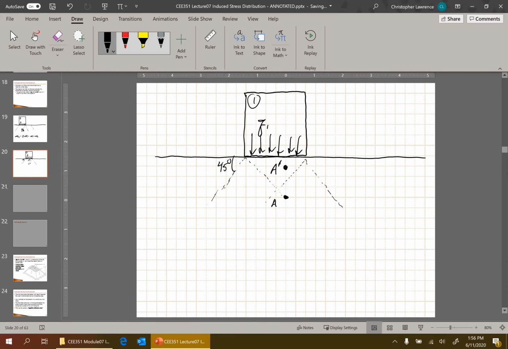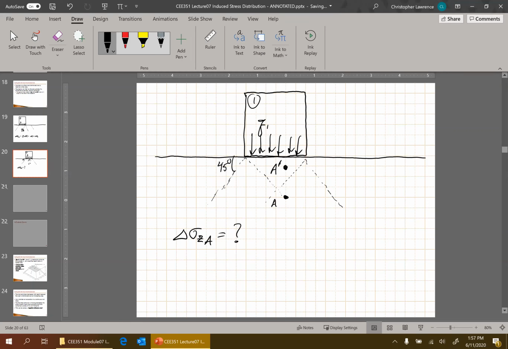We can see there now that point A prime, just directly above point A, some distance, is not influenced in that negative influence zone. It's outside of that essentially 45-degree influence zone.